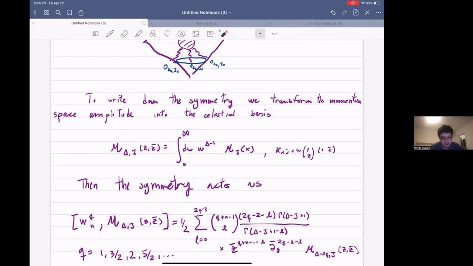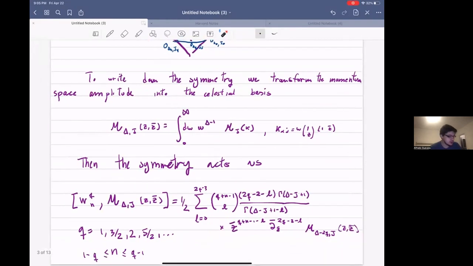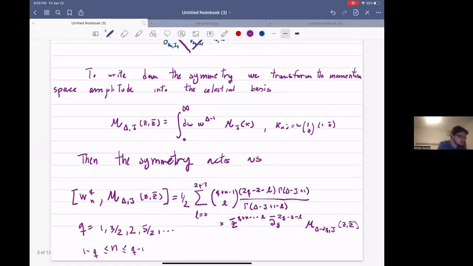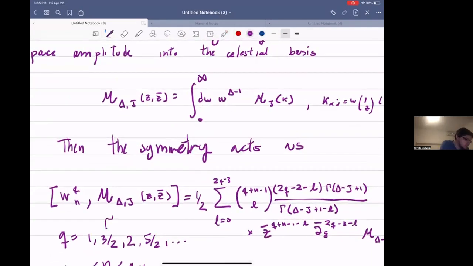Now, the takeaway from this algebra is the following. We have an infinite number of generators. The spin 3/2 generator is associated to translations, or the BMS generators.